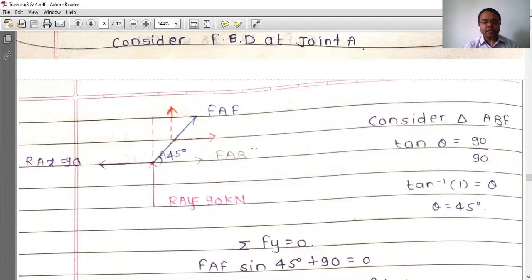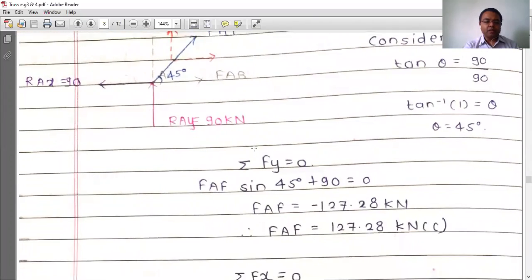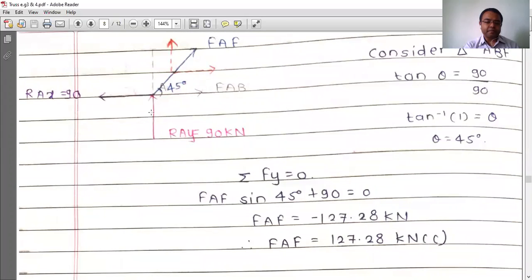Next, we will apply the equilibrium equations to this diagram. First, I applied summation Fy equal to 0. This FAE is going upward, so FAE sin 45 plus 90 is equal to 0. Now we are getting the force in member AF as negative.